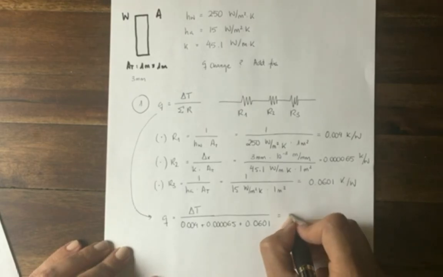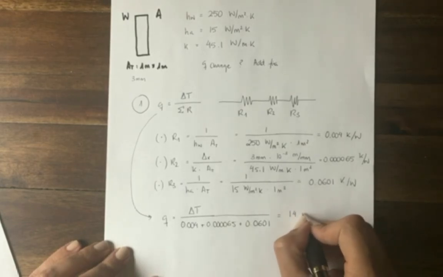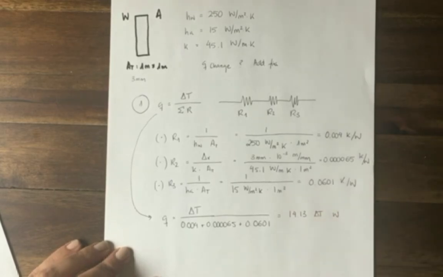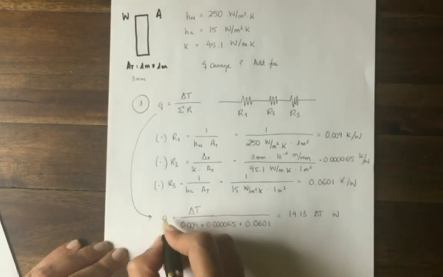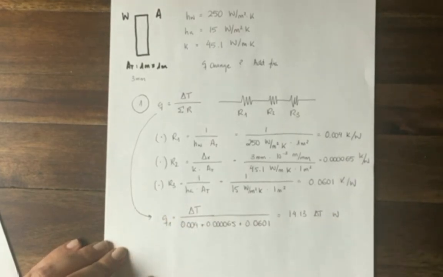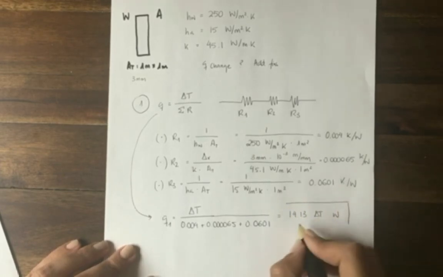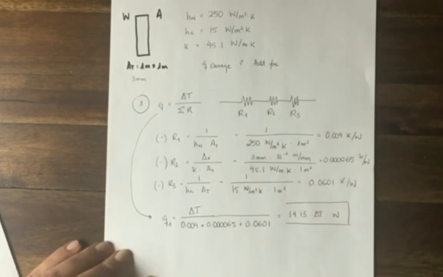You do the calculations, and this is 1413 delta T watts. Okay, so this we can call heat rate 1. And this is when we don't have any fins added.